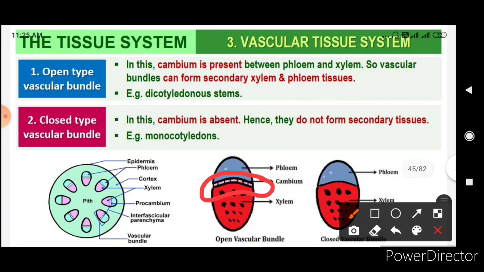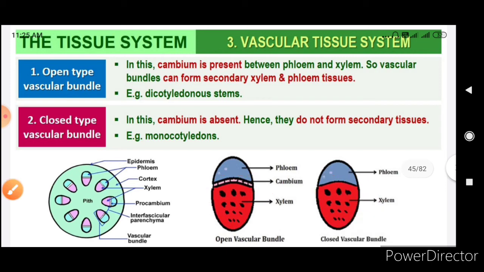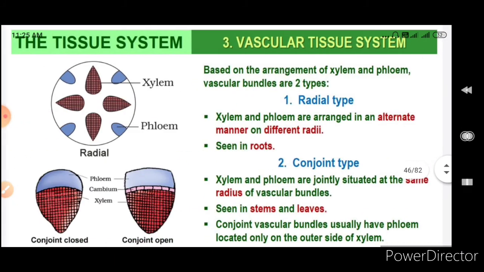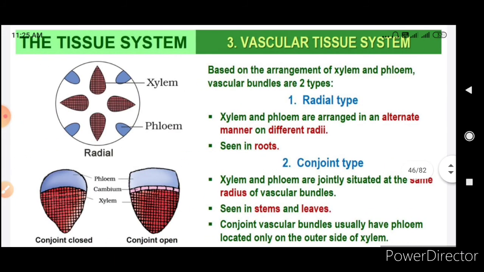In this diagram this is the open vascular bundle, and in the closed vascular bundle there is no cambium. So in open type cambium will be present, in closed type cambium will be absent.